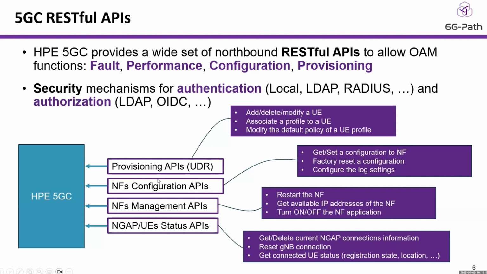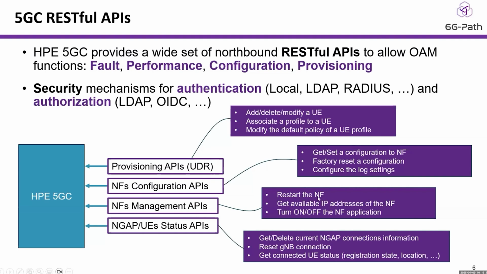If we look at the configuration API, you can configure all the network functions or obtain the current configuration. Or, for instance, you can also reset the configuration to the default value. The management API is a very interesting set of APIs, because you can, for instance, restart a network function.